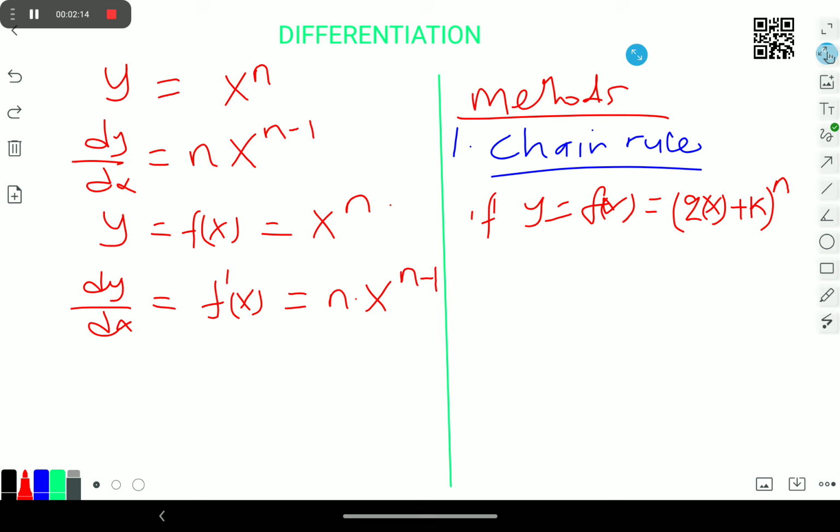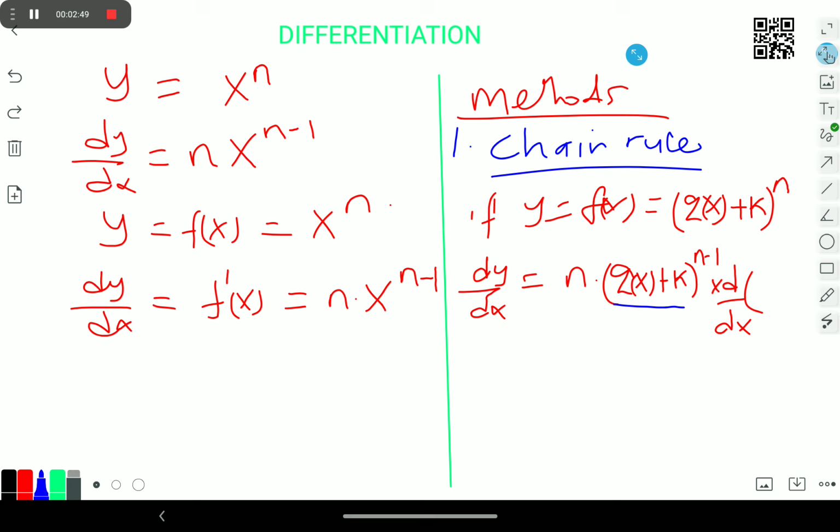Then by chain rule we say that the derivative of y will be equal to: we drop the power n, then we multiply by the original function 2x plus k, then we reduce the power by 1, applying the same format we had above, then we multiply by the derivative of what is in the bracket, the derivative of 2x plus k.